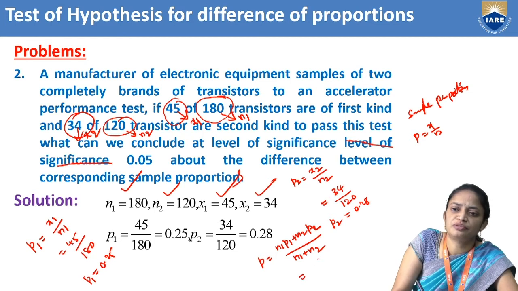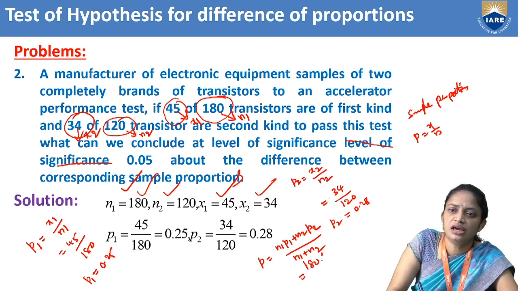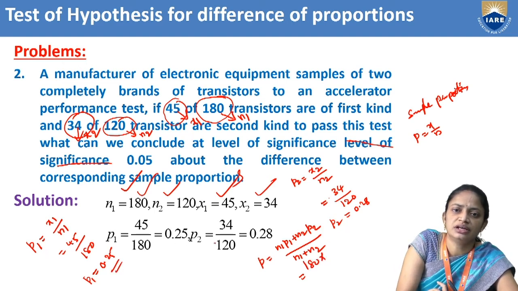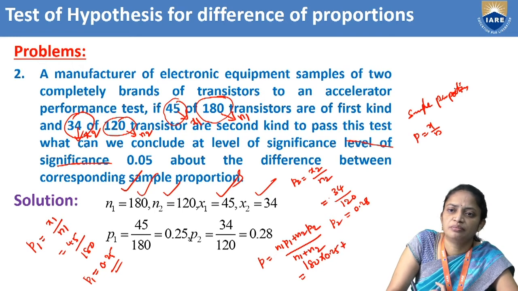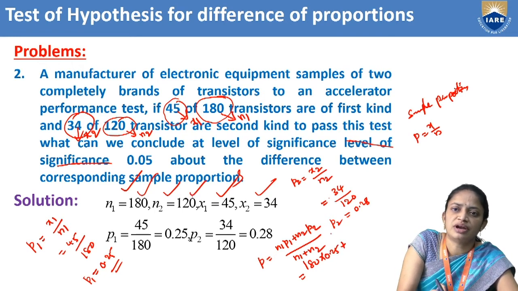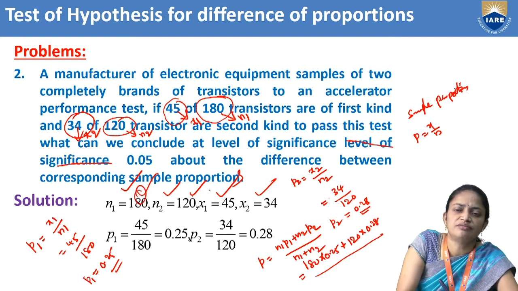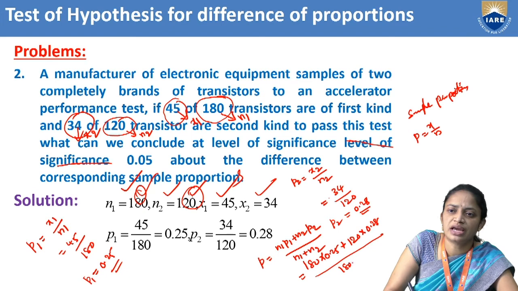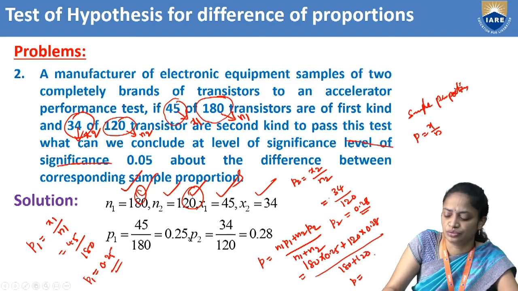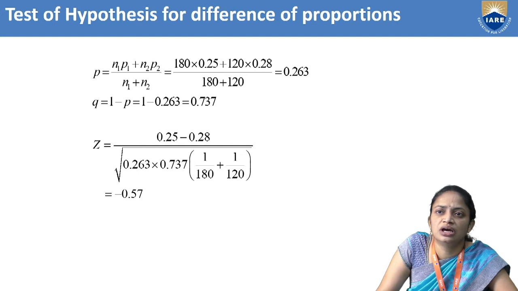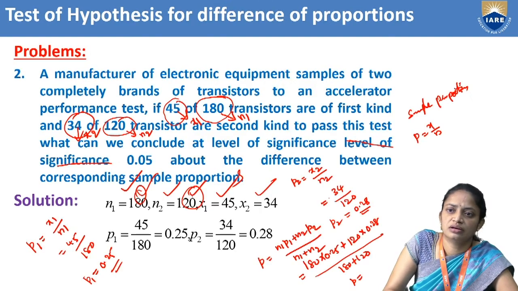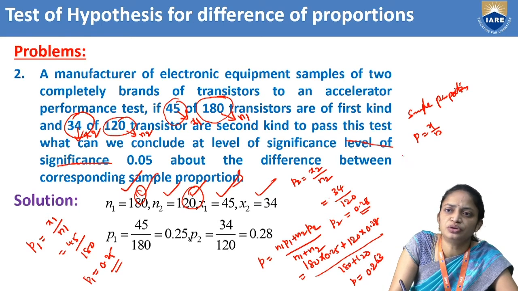This is the formula for small p. n1 is 180, into p1, which is 0.25, plus n2, which is 120, into p2, which is 0.28, divided by 180 plus 120. So the small p value is 0.263.